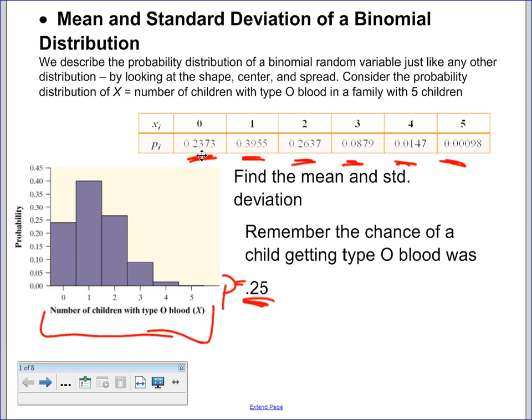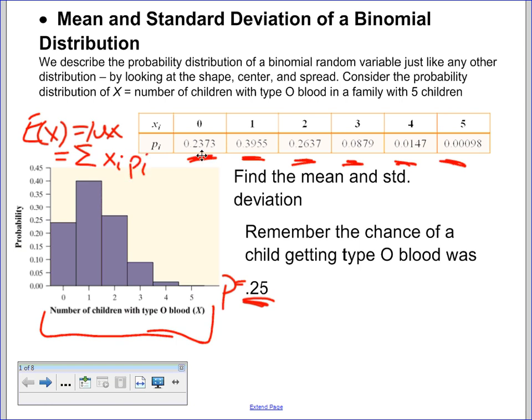Well, now we're getting back to where we were earlier in the chapter. I've got the probability of each one of the 5 possible outcomes. And so we can use the formula we had earlier in the year, which was that the expected value, or the mean of x, is the sum of x sub i times p sub i.